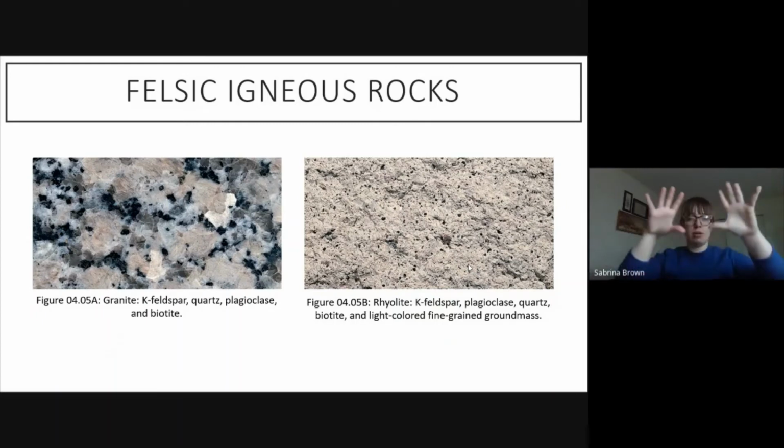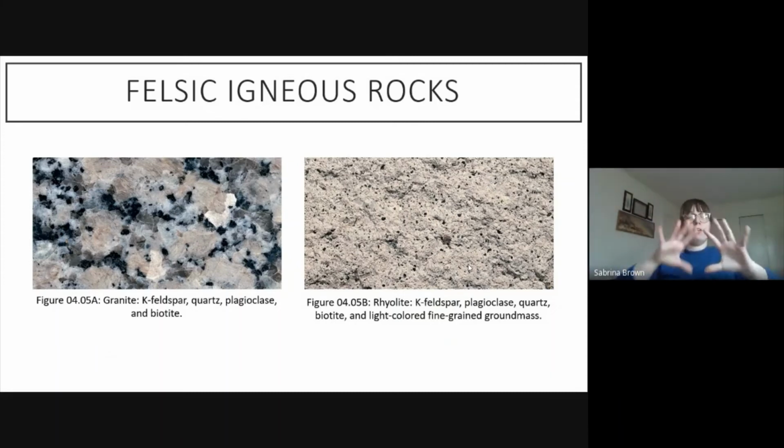But overall, if you squint and stand back, notice that largely this is lighter in color, pinky, salmony color. On this side, we have granite, and you can see each of those individual crystals because we have big crystals that have formed in an underground or an intrusive environment.